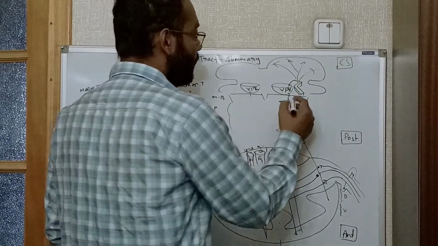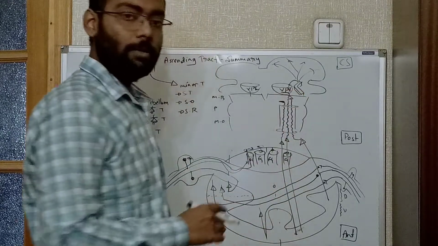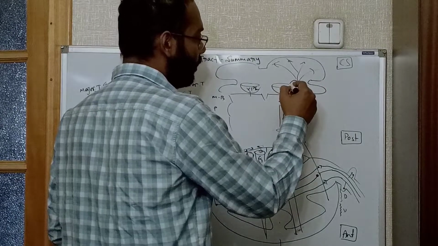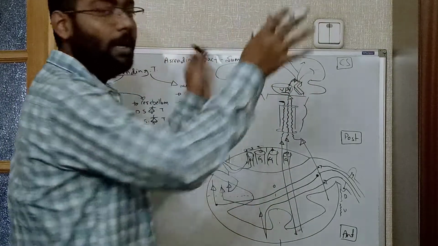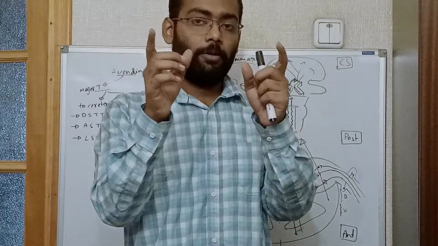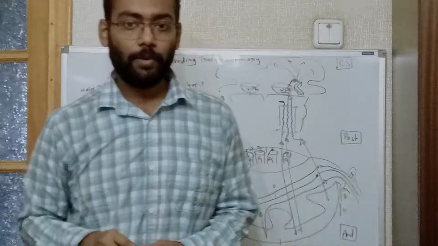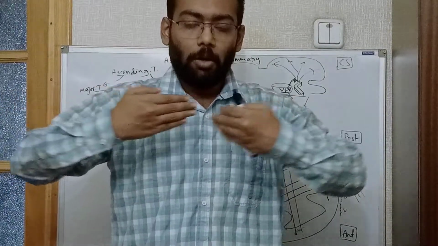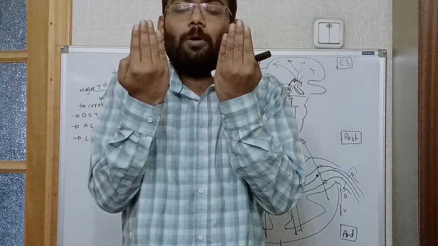Now these fibers will also go to our ventroposterolateral nucleus in the thalamus, and then the third order neuron will go to the posterior limb of the internal capsule, then radiate to our sensory cortex. So when I say anterolateral spinothalamic tract, we say it comes from the dorsal root, crosses contralaterally, fibers go lateral or anterior, then move upward.